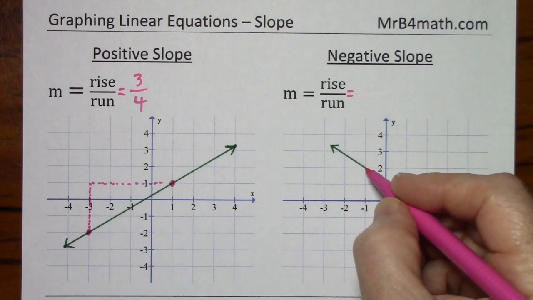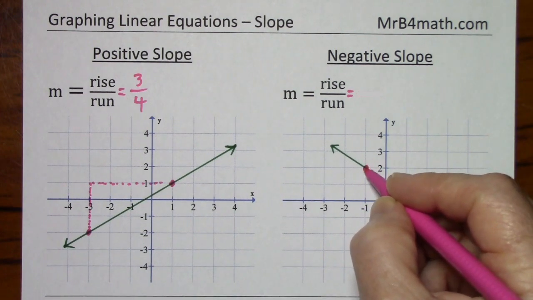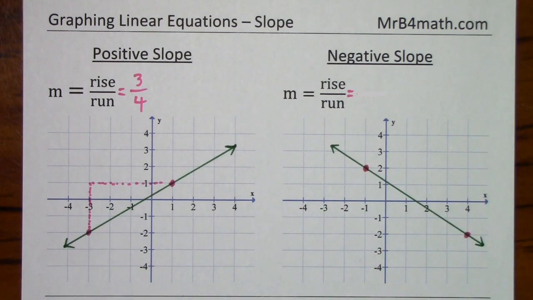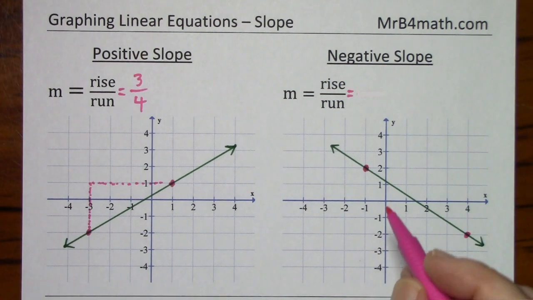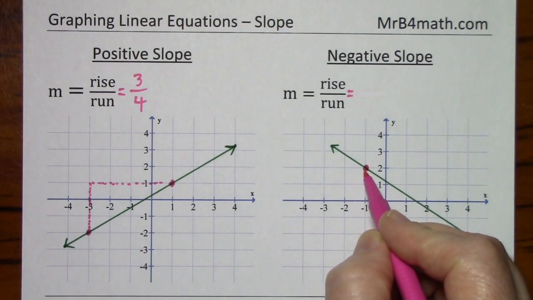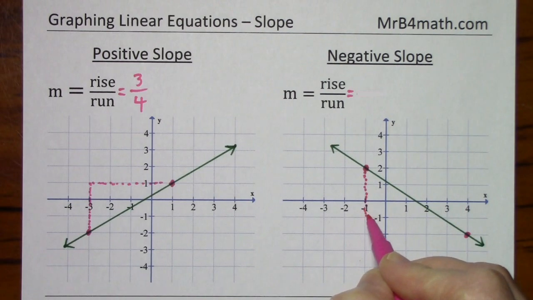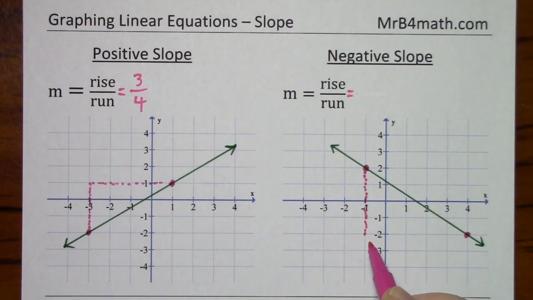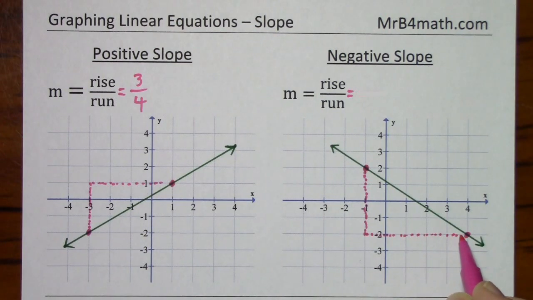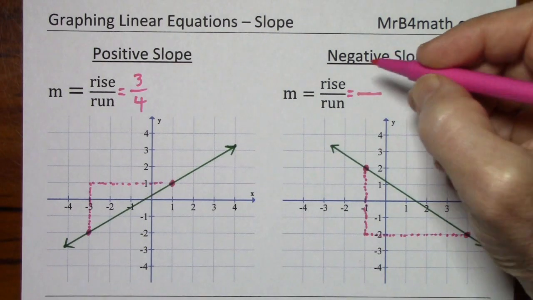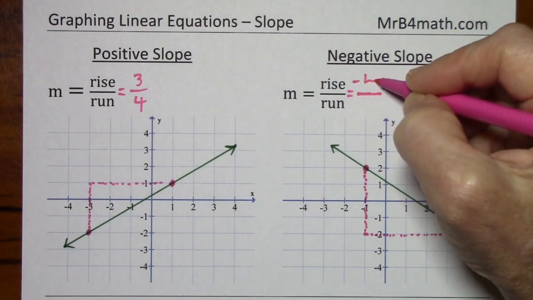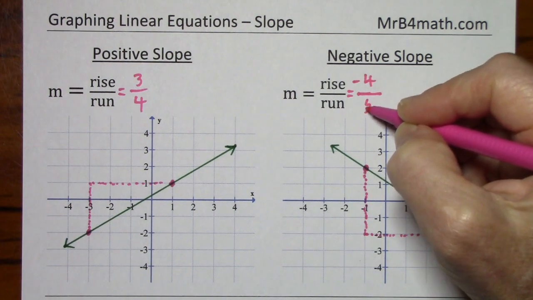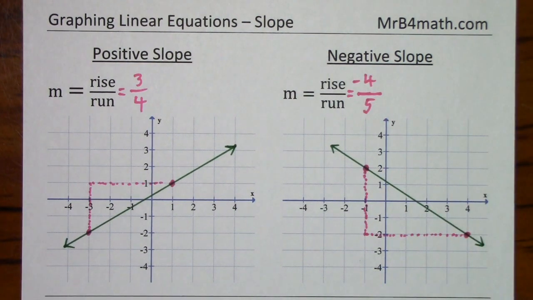And this is clearly identifiable. So the slope of this line is down 2, 3, 4, and over 1, 2, 3, 4, 5. So it's down 4 and over 5.